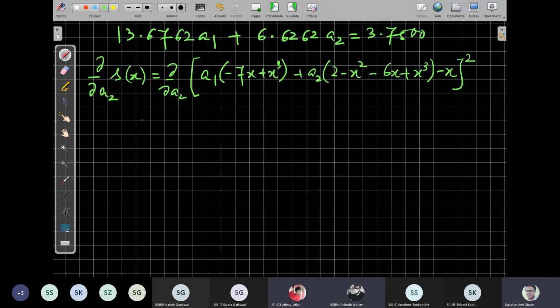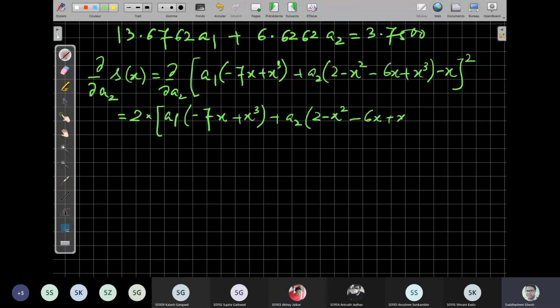Yes. So what is going to happen here now? Again, this will become 2 into... okay, so now you will have this expression: A1 into -7x plus x cube. Then A2 into 2 minus x square minus 6x plus x cube.